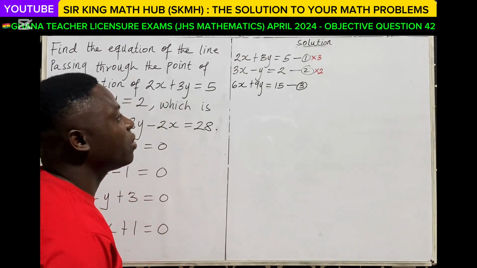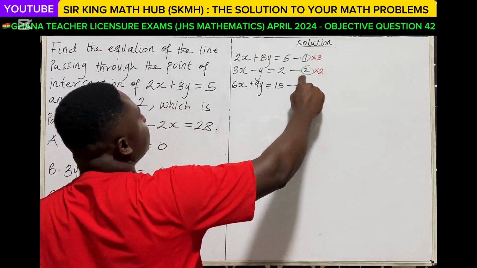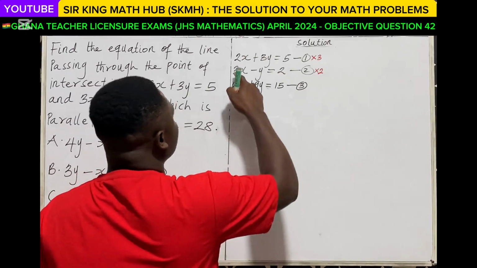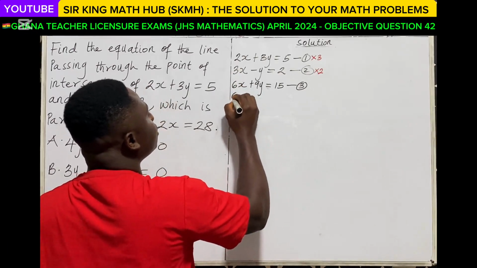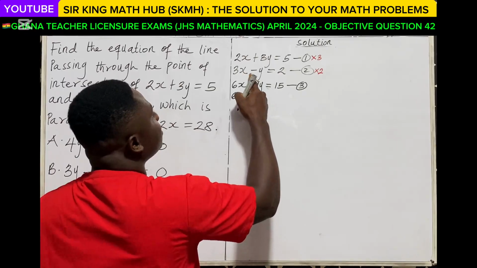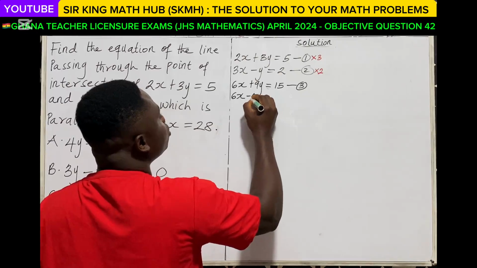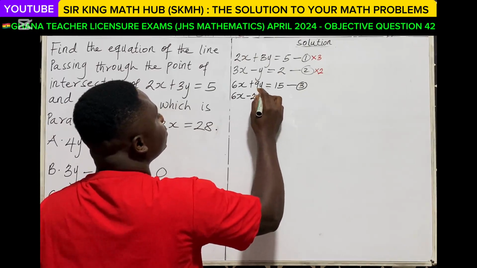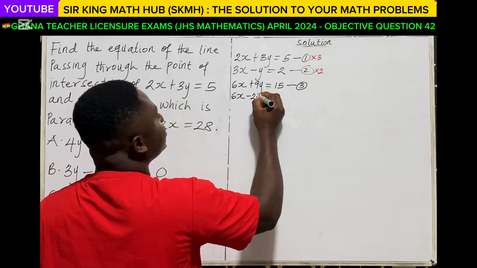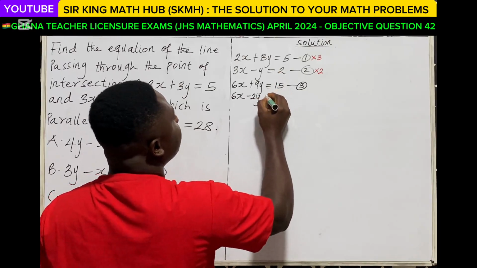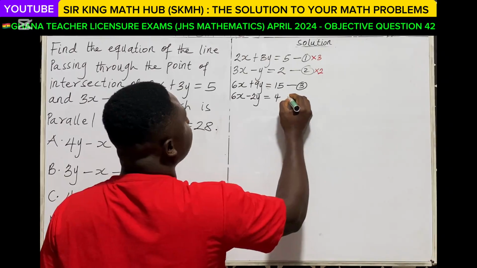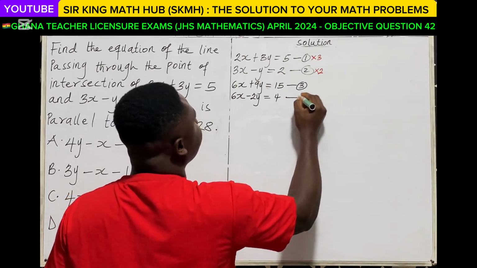How do we get our fourth equation? By multiplying equation 2 by 2. So 3x times 2, we have 6x, minus y times 2, we have minus 2y, and then 2 times 2, we have 4. So this is our equation 4.